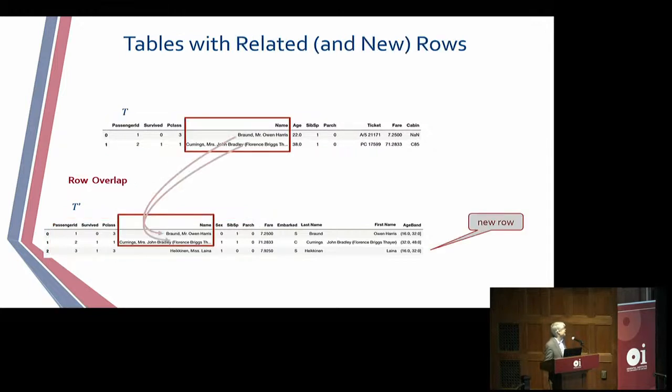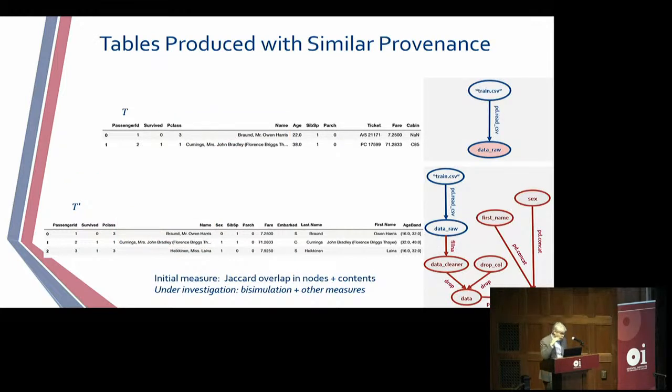A second thing is I want to see if there are both some shared values, ideally, and definitely some new values, because otherwise what's the point of bringing in a table if it only has redundant information, okay? And the third part, and this is, I think, really important to a lot of our discussions, provenance matters.